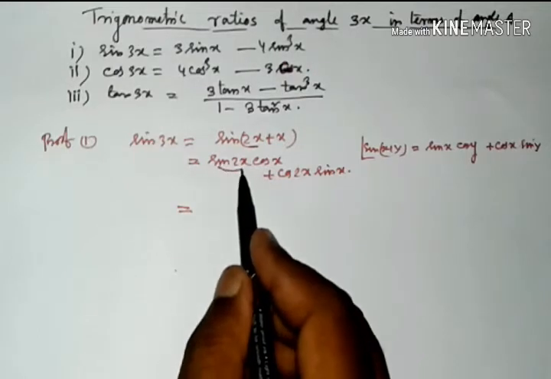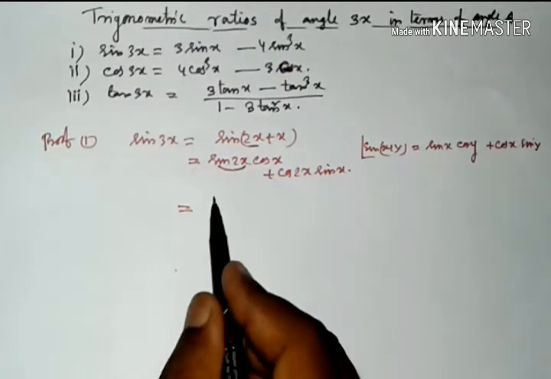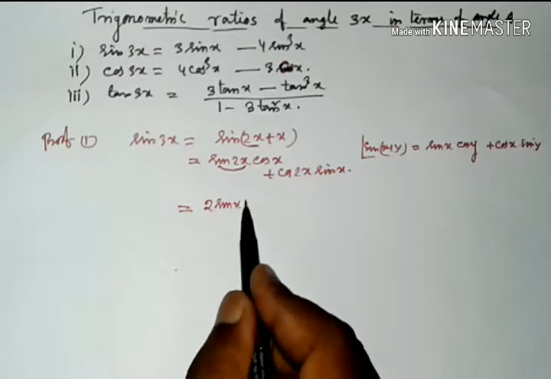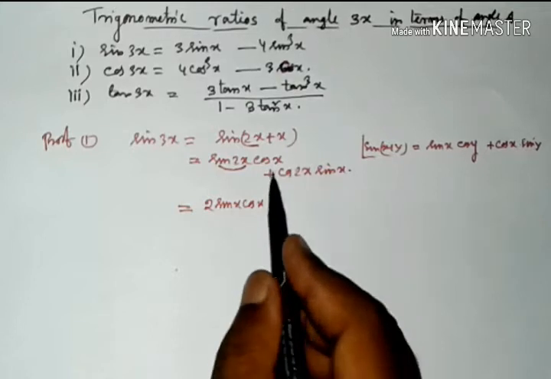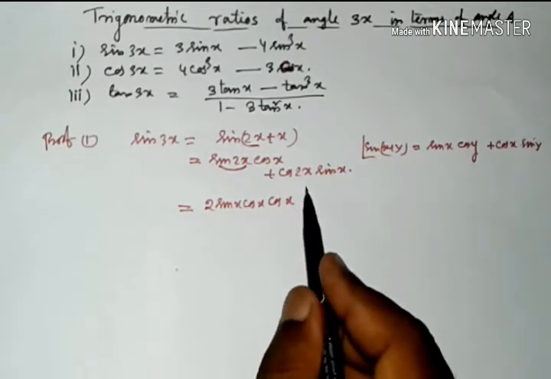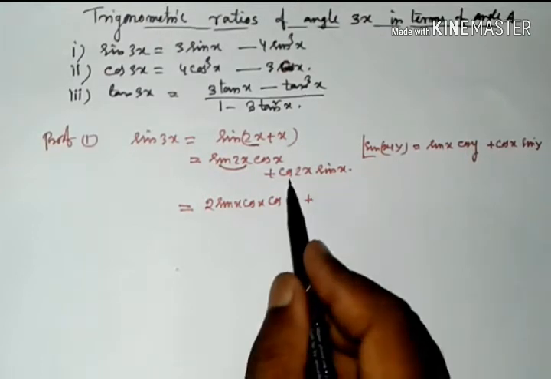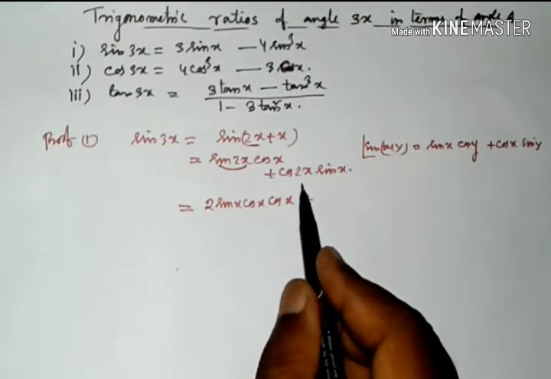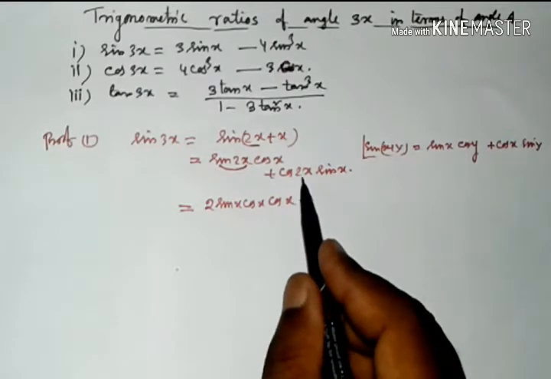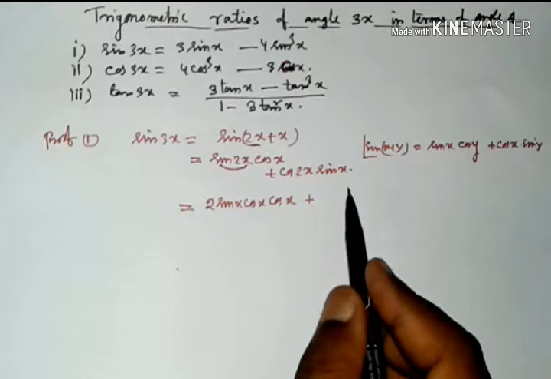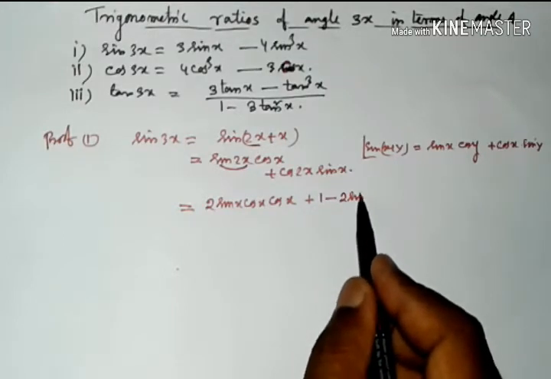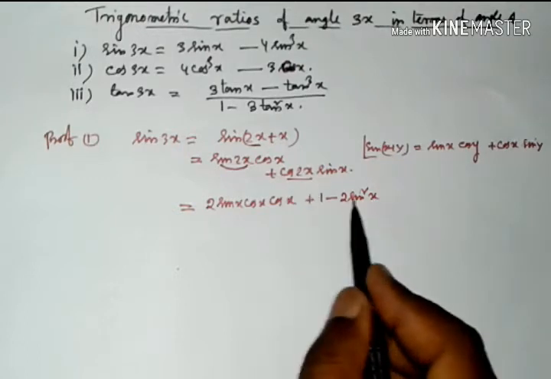Now we have to split sin 2x and cos 2x. Sin 2x we have already got as 2 sin x cos x, and cos 2x can be written in sin terms as 1 minus 2 sin square x.